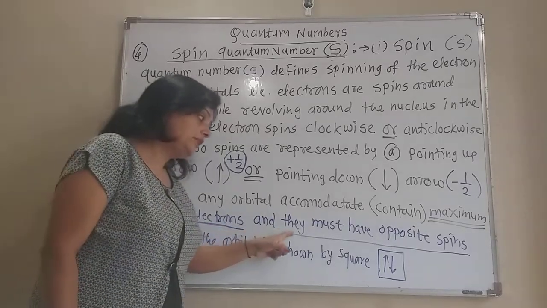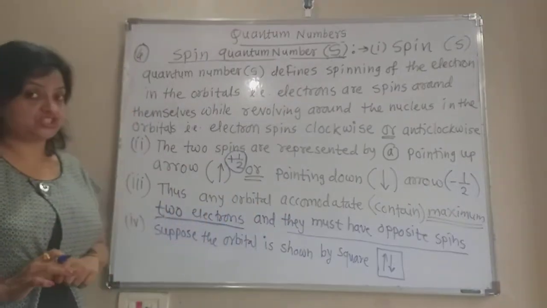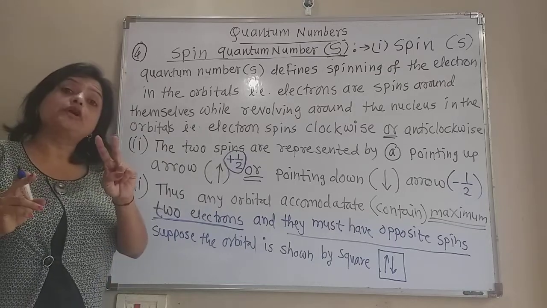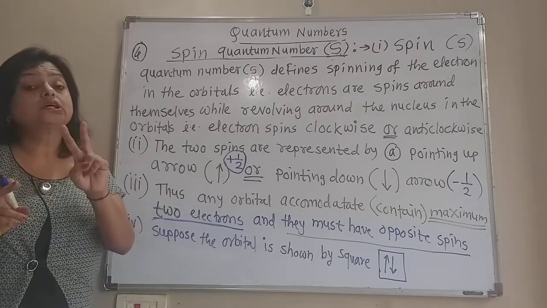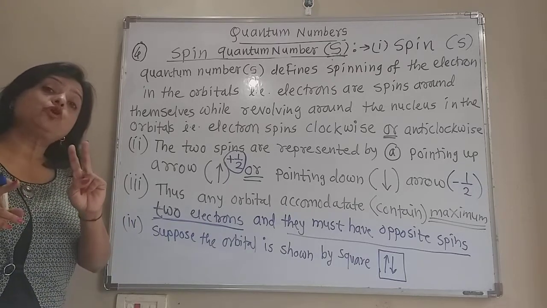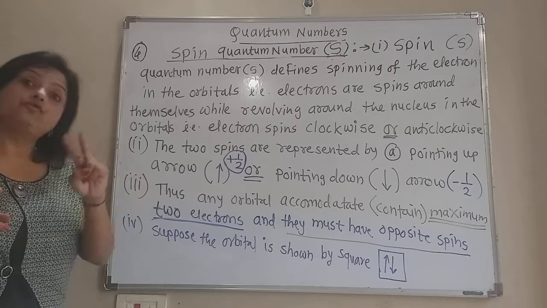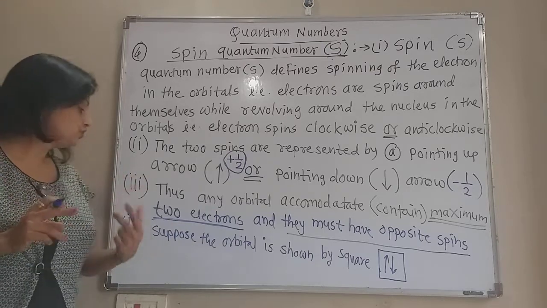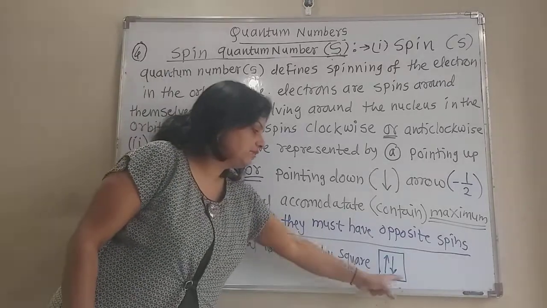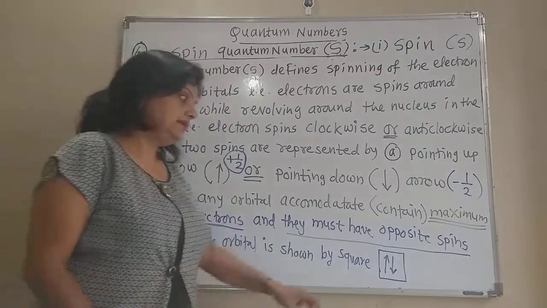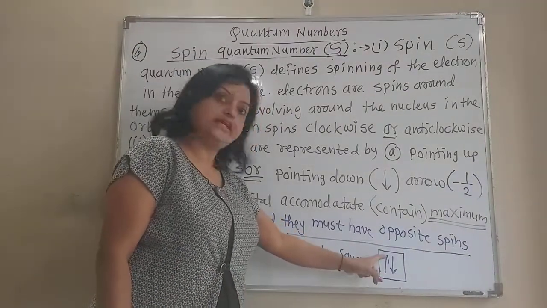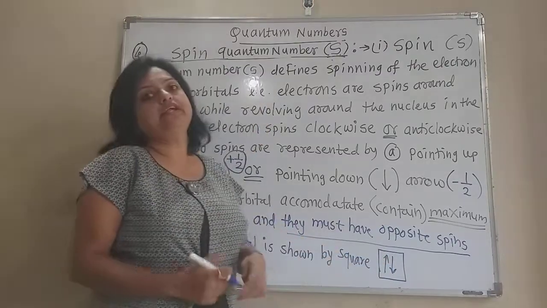The 2 electrons must have opposite spins, that is, opposite values of the spin quantum number. For example, suppose the orbital is shown by this square. Then it contains a maximum of 2 electrons having opposite spin: one pointing upward and the other pointing downward.